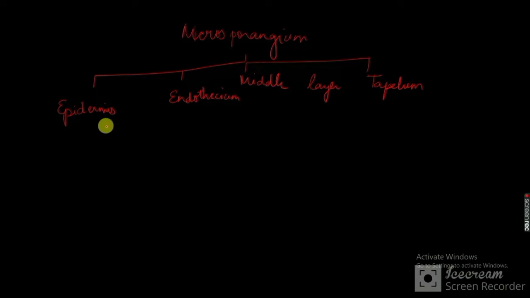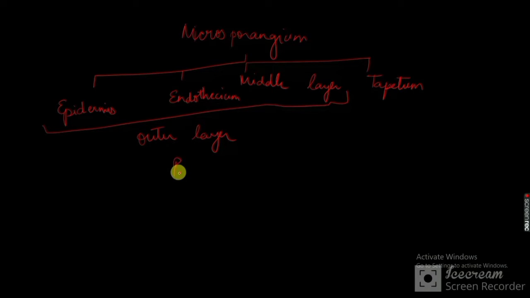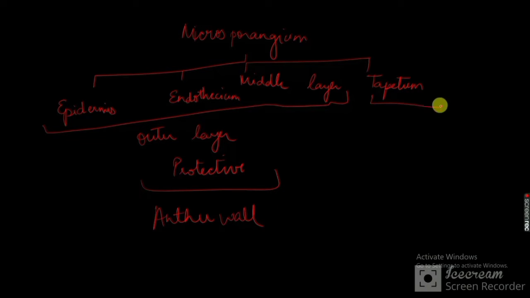These three layers are the outer layers and are protective. They develop into the anther wall, whereas tapetum provides nourishment to the developing pollen grains. And it develops into sporogenous tissue.